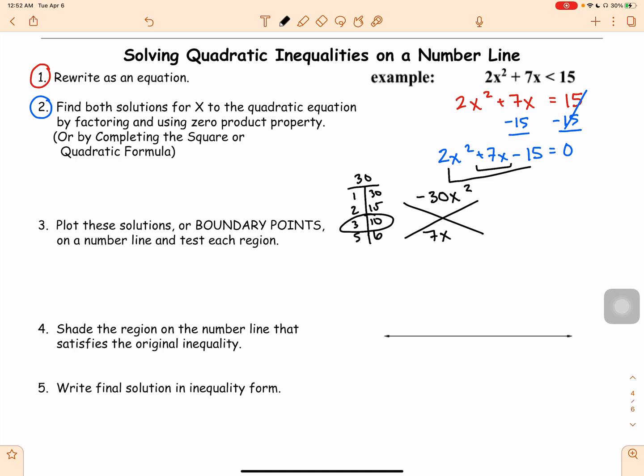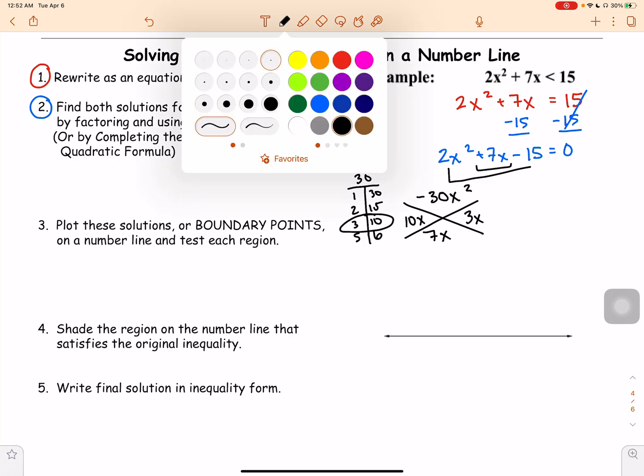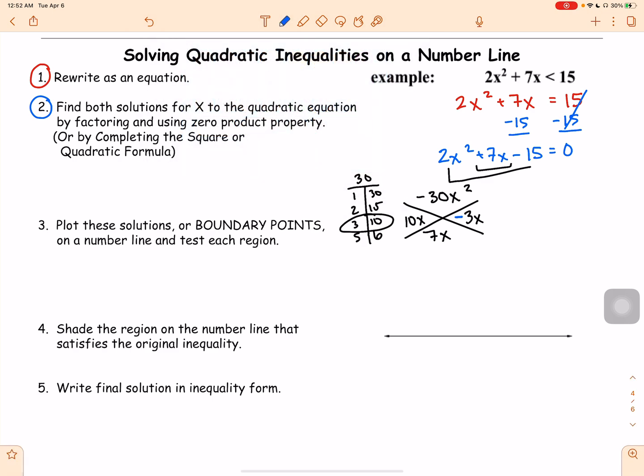But which one of those needs to be negative to give me a positive 7x? So if I have 10x and 3x, which one of these needs to be negative if we add them together to get 7x? Hopefully you said the 3x must be negative, okay? So this is nice, it is factorable.